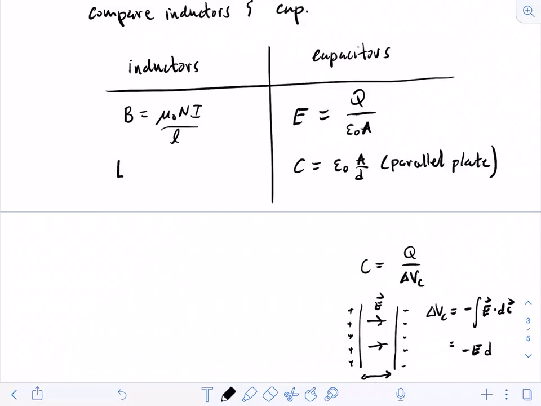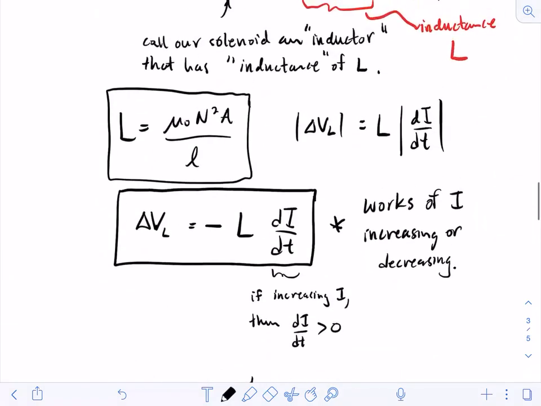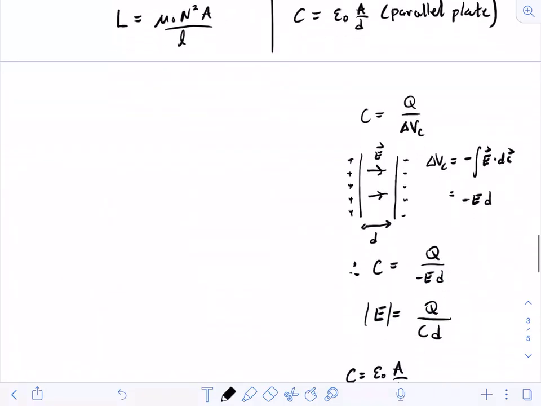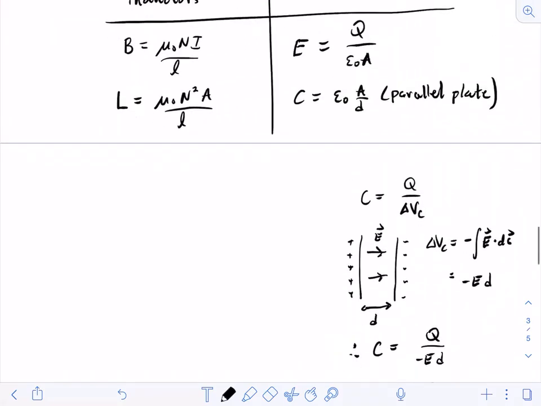And so we calculated the inductance of our solenoid. We got mu naught N squared A over L. I think that's what it was. Yep. Okay. The voltage across our capacitor. Let's continue our table over here. Inductors, capacitors.